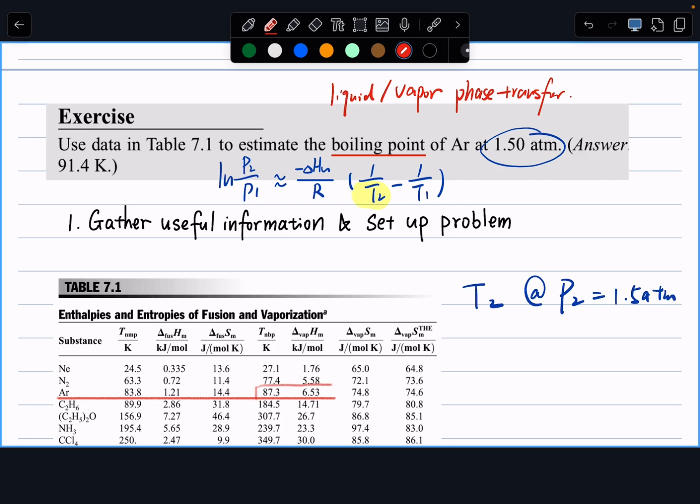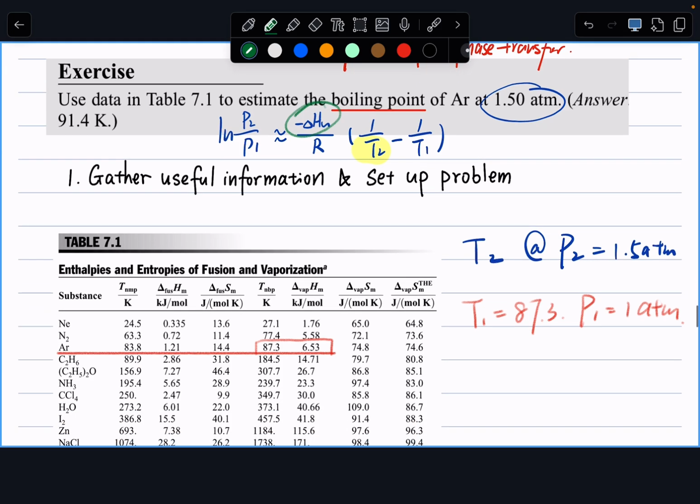So I have my normal boiling point: T1 equals 87.3, P1 equals 1 atm. The table also gives the molar enthalpy of vaporization, so my delta HM equals 6.53 kilojoules per mole.